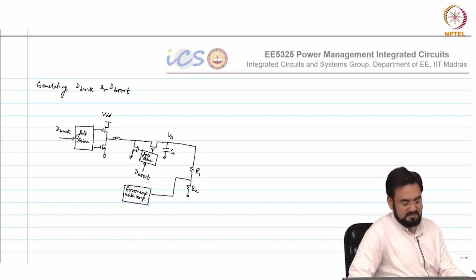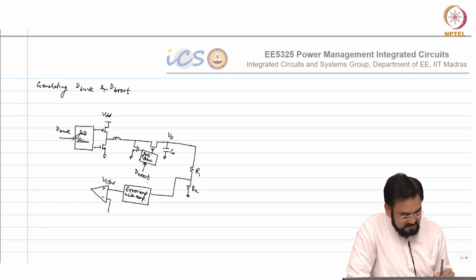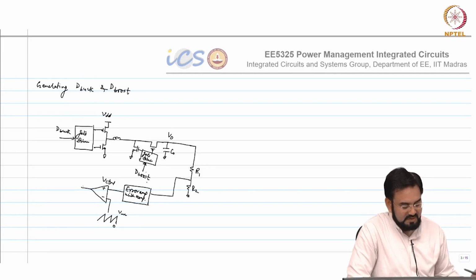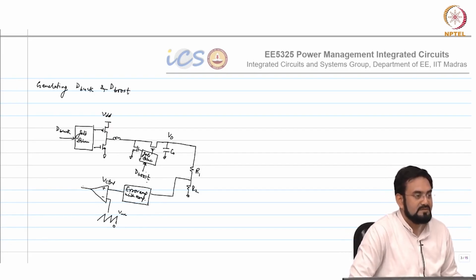Okay. So this will give you control voltage. If you compare this with a sawtooth, which is let us say 0 to Vm, what will you get? A PWM. This is what your buck was, huh?